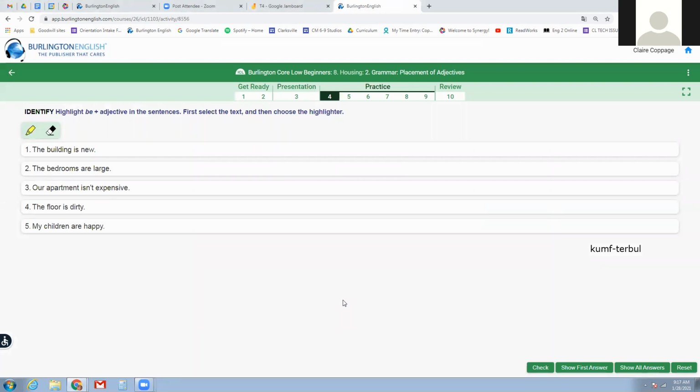So here we have 5 sentences, and we've got a be verb, am, is, or are, plus the adjective. So I would like for you, Rocio, to read the sentences and tell me which verb, am, is, or are, and what is the adjective. Okay? Okay. The building is new.